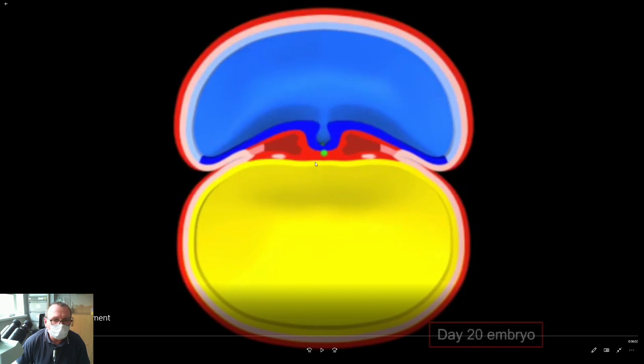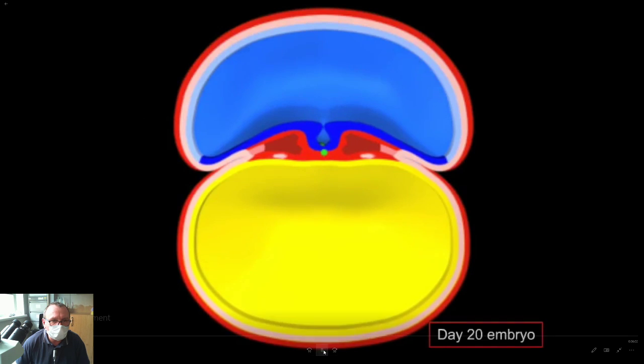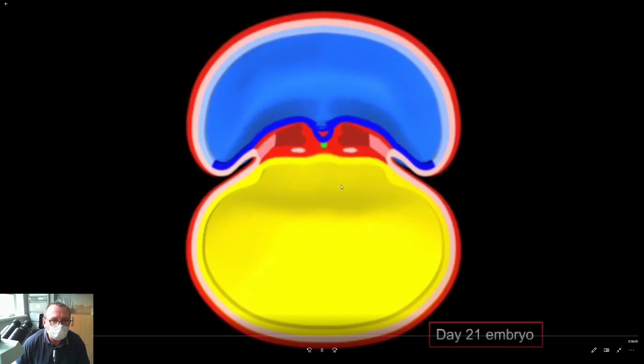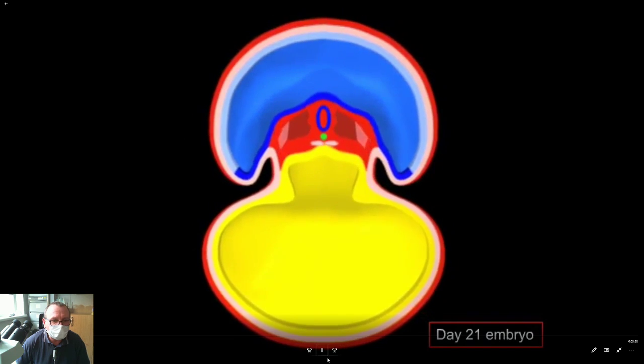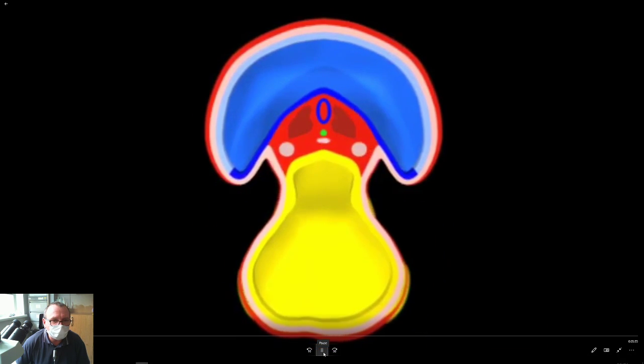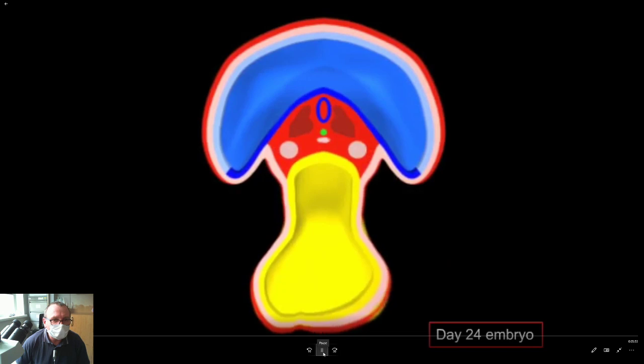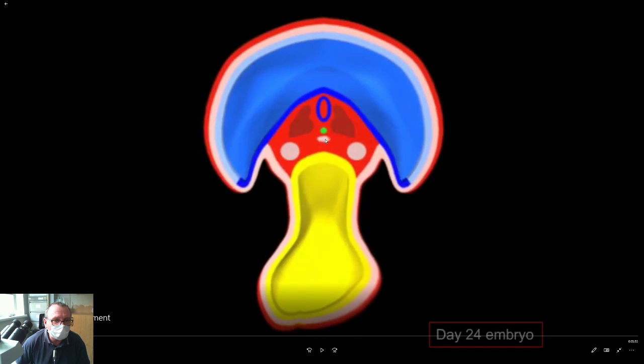The neural groove is changing to the neural tube. The roof of the yolk sac is changing to the intestinal tube, the gut. The dorsal aorta is developing by fusion of two dorsal aortae. You can look at this movie once more and you will see it.